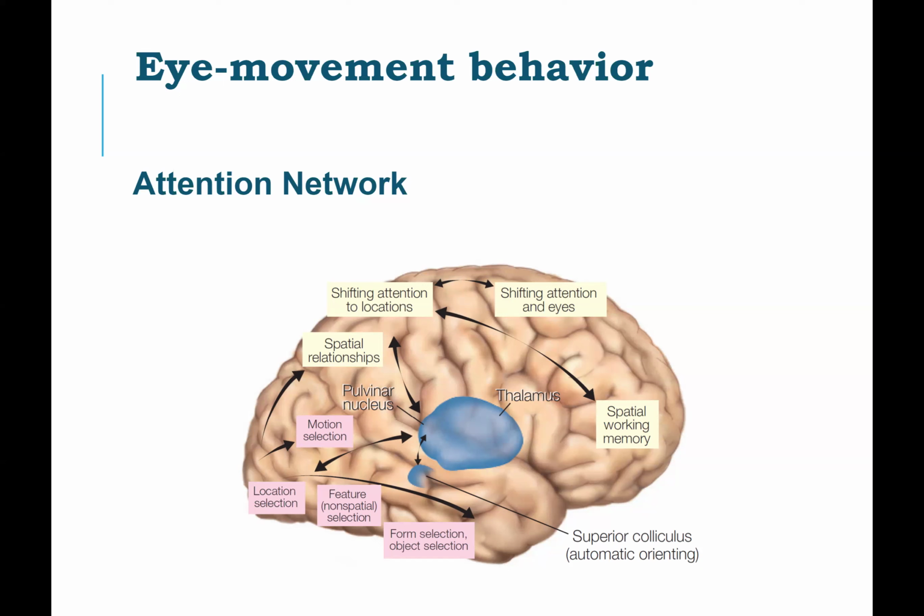So if I'm attending to something, there is an attention network, frontal, parietal, or other network that people have mapped out, where you see the information about this object being communicated across the brain. So people think of these as more of a network.